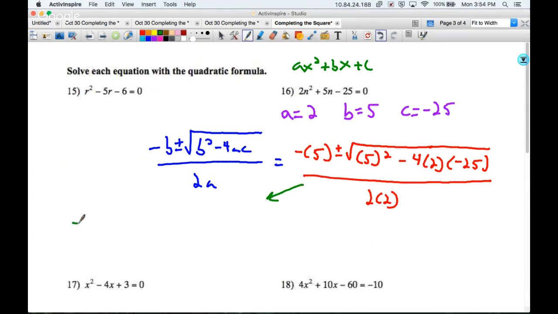So here we go. I've got negative 5 plus or minus the square root of 25 minus, this is actually going to be a negative 200. Double check that.